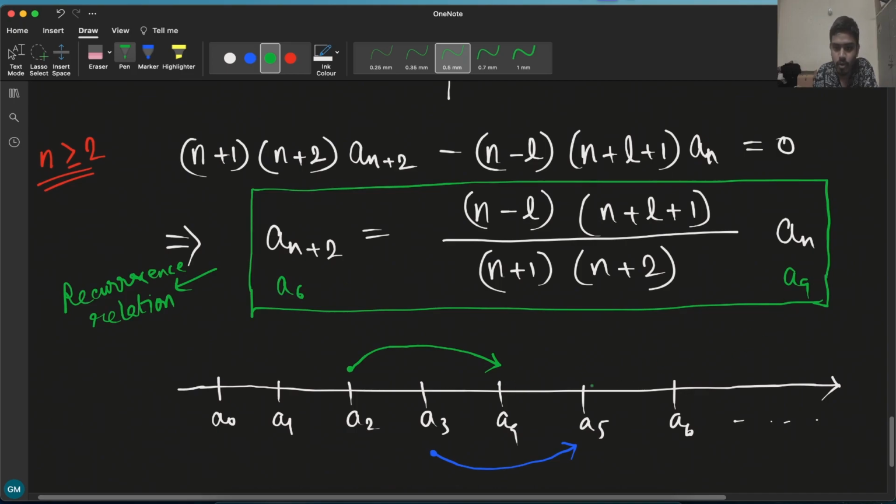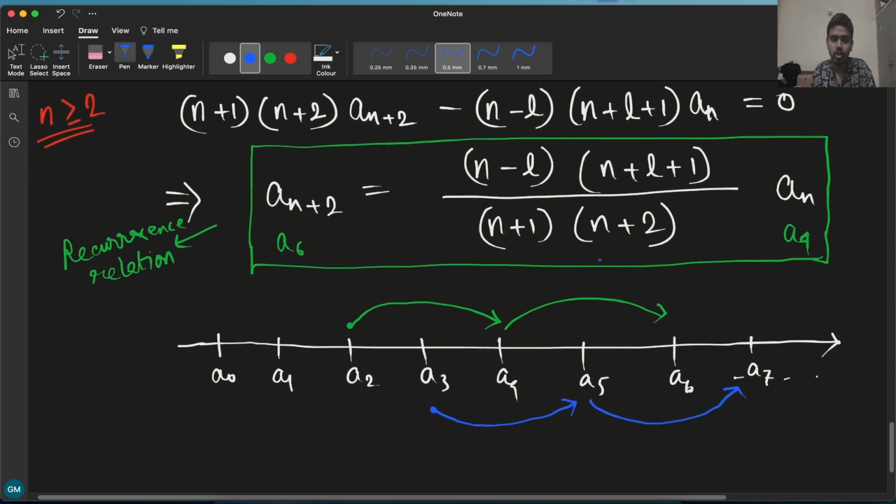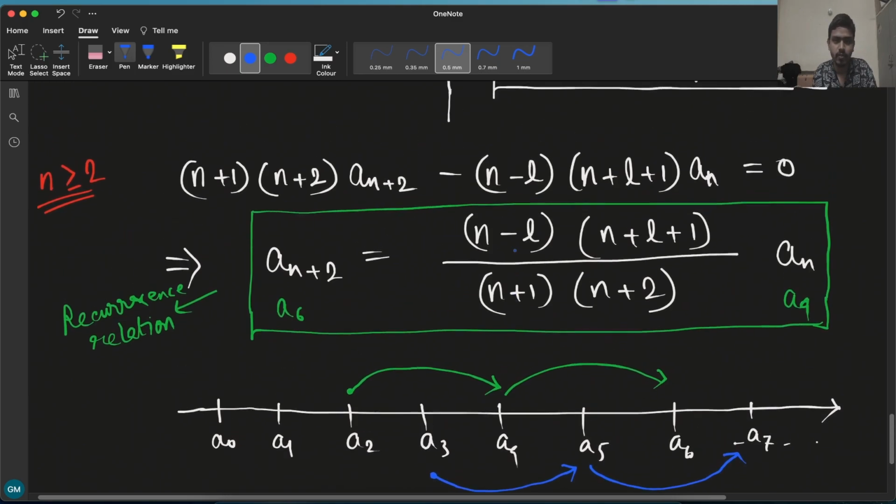So if I know a4, this recurrence relation will give me a6. And if I know a5, then it will give me a7, and so on. So that's the job of this recurrence relation.